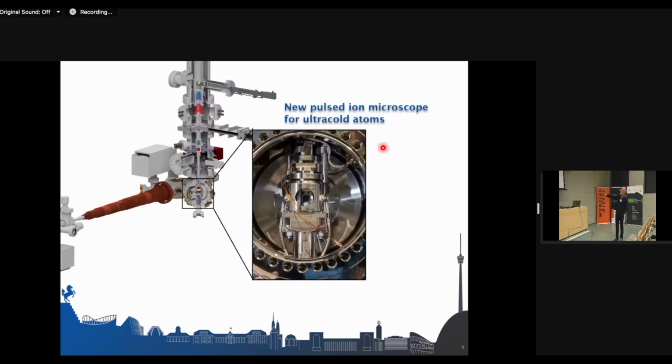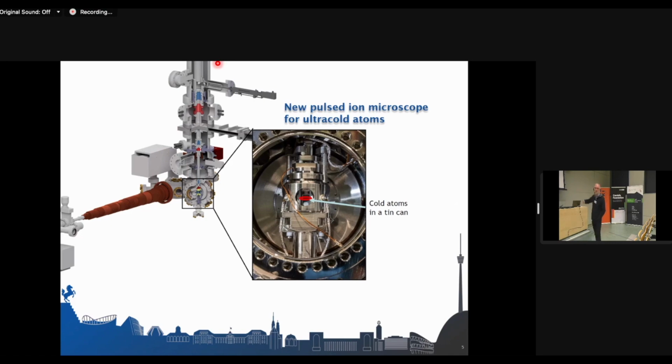So that's a close-up, and the atoms are going to sit in here. And in this little tin can, and that's very important, we can also compensate the electric field to a very high accuracy. It turns out that if you use the imaging capability of that ion microscope, you can watch the movement of the ion and use that observation to compensate any stray electric field that you might have in your chamber.